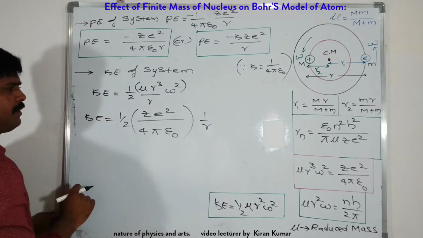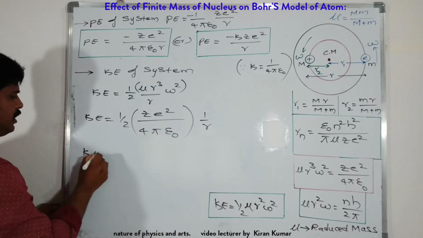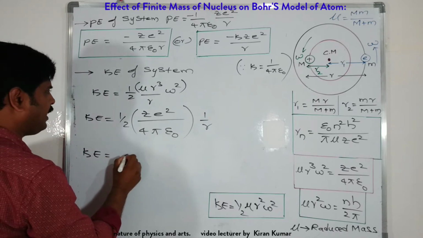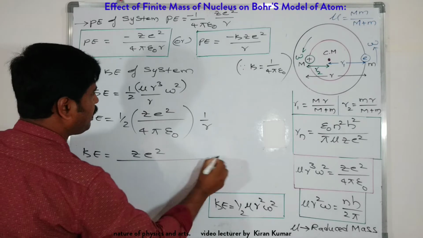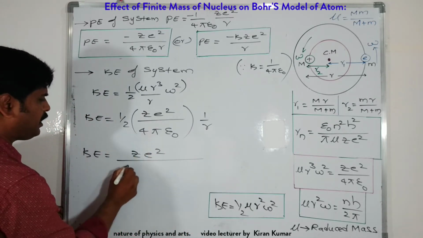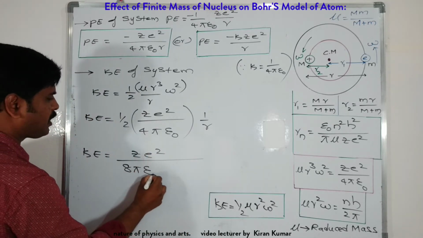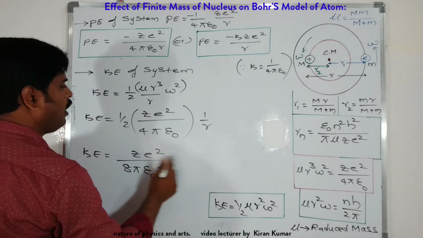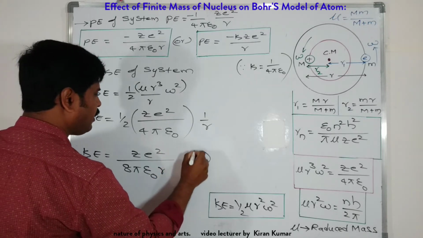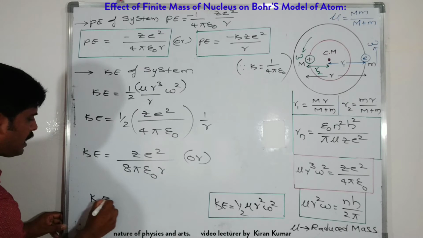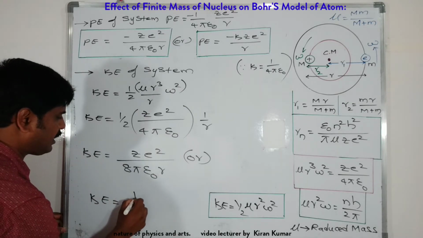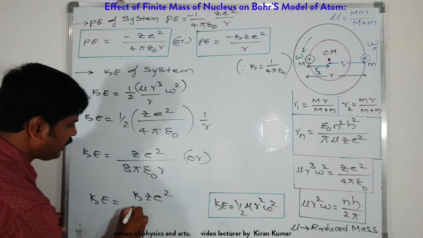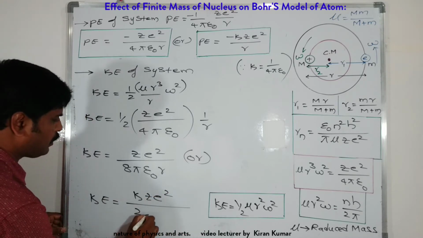So kinetic energy is equal to Z e square divided by 8 pi epsilon naught into r, or we can write kinetic energy KE equal to k Z e square divided by 2r.